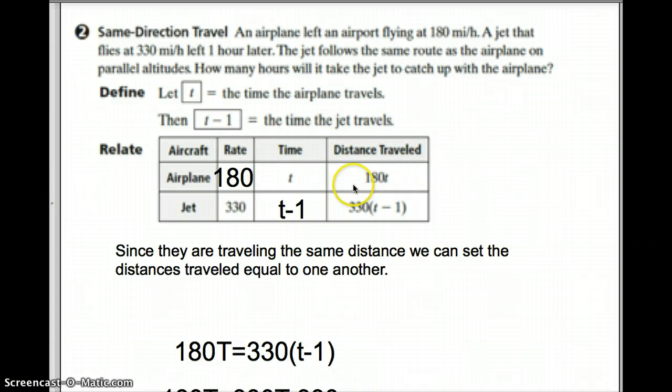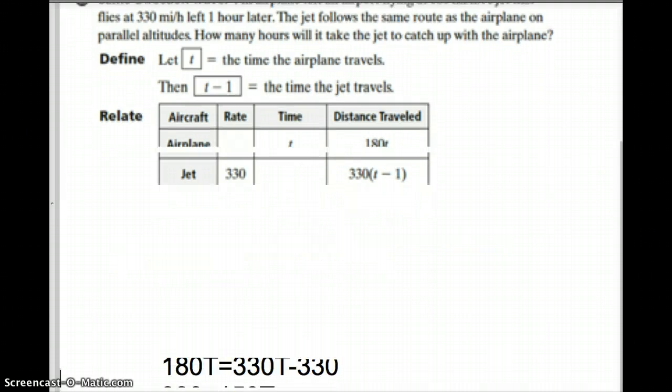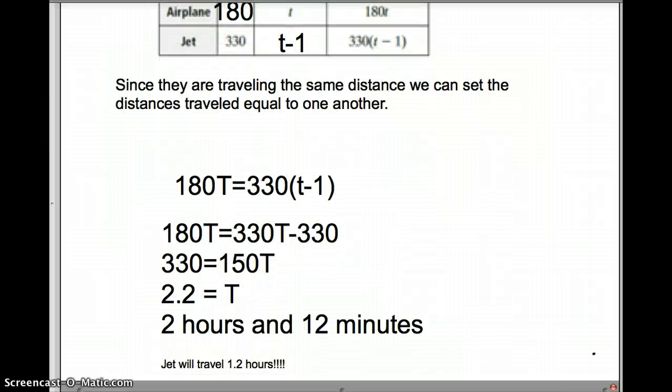So if I set the distance of my airplane, which is this, equal to the distance of my jet, which is this, I now have a beautiful equation that I can then distribute, combine like terms, and solve for t. My time is 2.2 hours, which is 2 hours, and 2/10 of an hour is going to be 12 minutes. Okay?